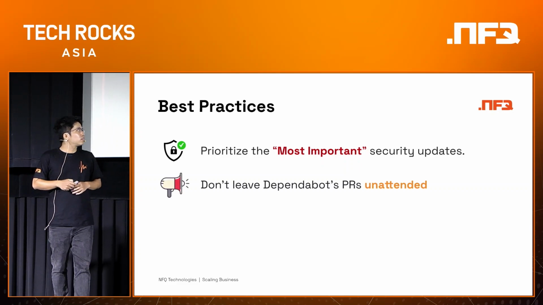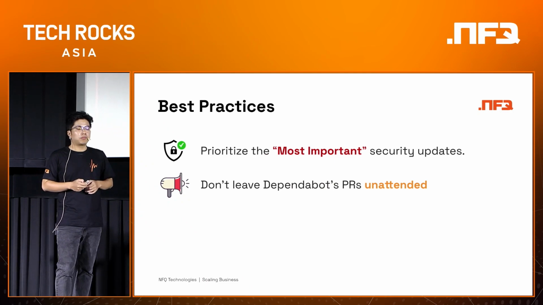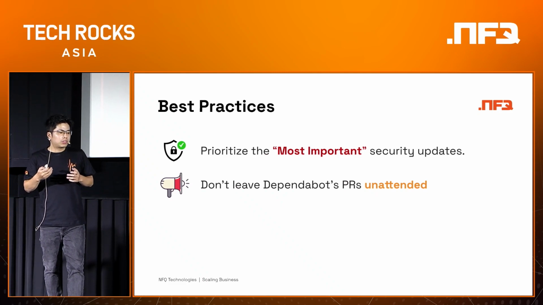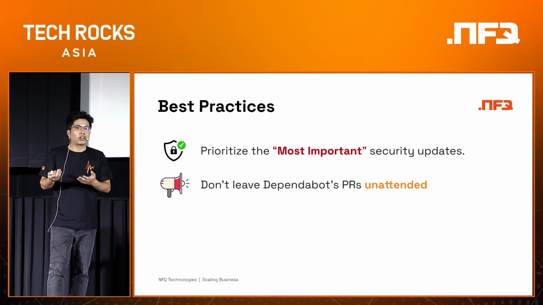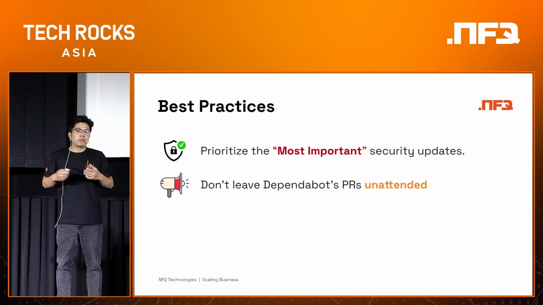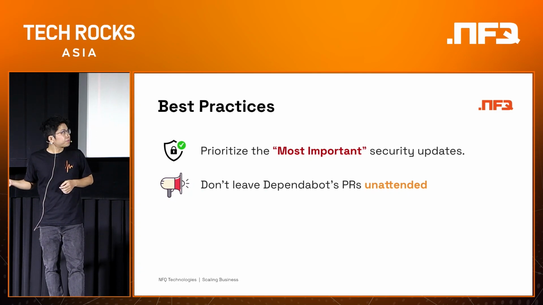Second, try to process your pull requests as fast as possible, because if you just leave your pull request untouched, that means you're not really using Dependabot. Dependabot just opens it and then nothing else.